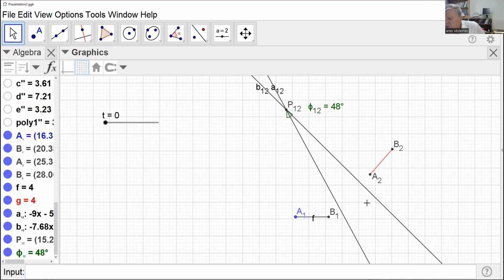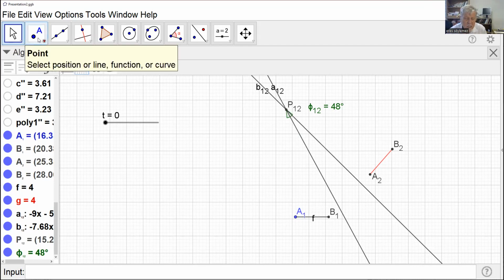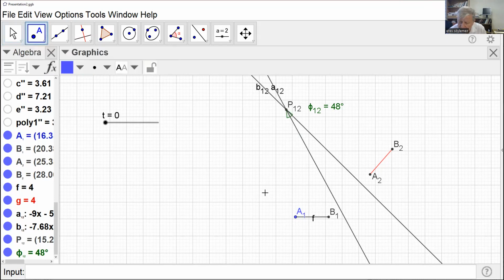Now, I'm not going to select AB as my revolute joints. You see, AB I have used to describe the motion. Since, as I said, I can select A1, B1, the revolute joints anywhere on the moving body, I will select a point C on the moving body.